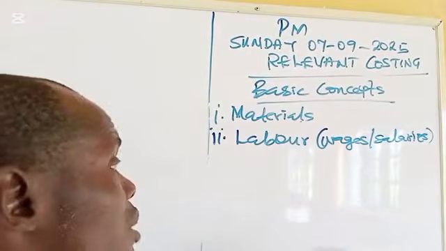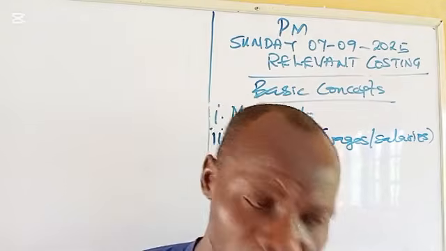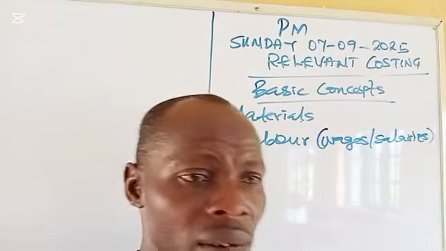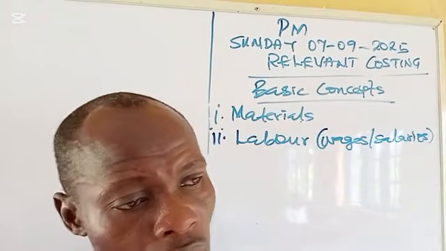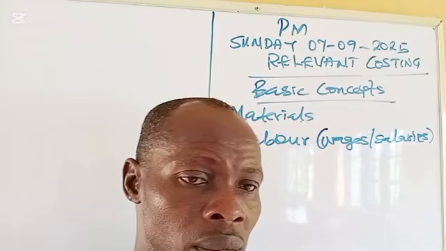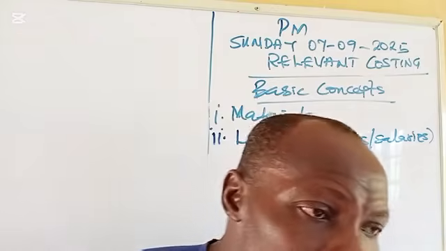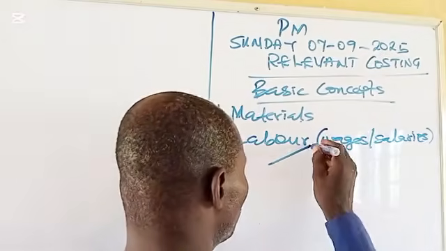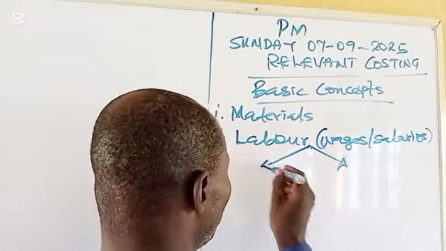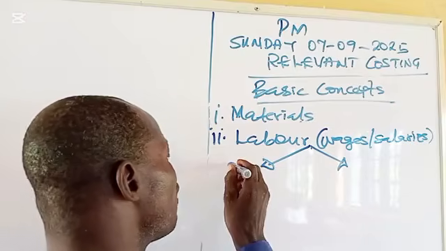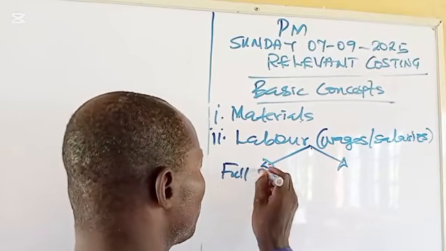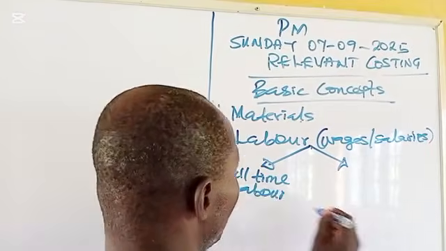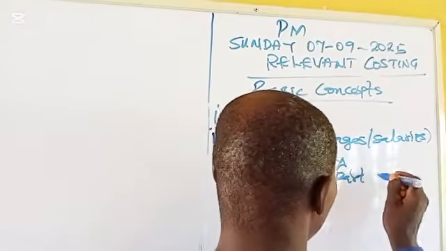So, in connection with relevant costs, we want to look at the relevant costs of labor. We will categorize this labor into two. For our purpose, we have full-time labor and part-time labor.